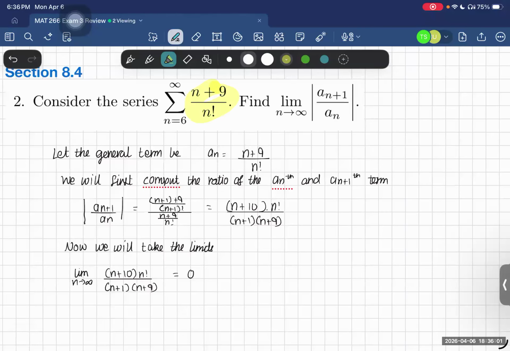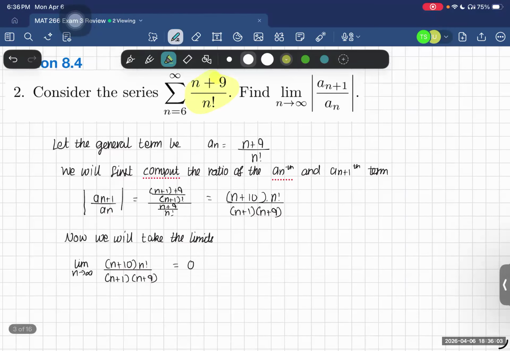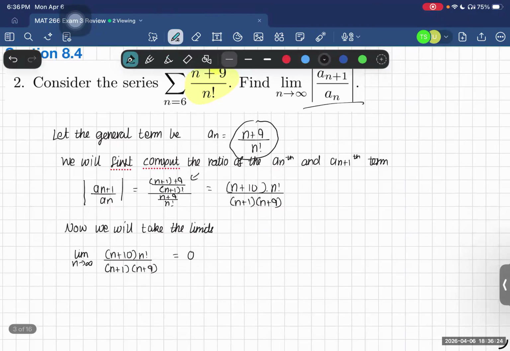So this term that I'm talking about, right? And now we first compute the ratio of the nth term, which is just this term right here, and the (n plus 1)th term, which is kind of here, as you can see. So we have to first take the ratio to find this quantity right here, all right?